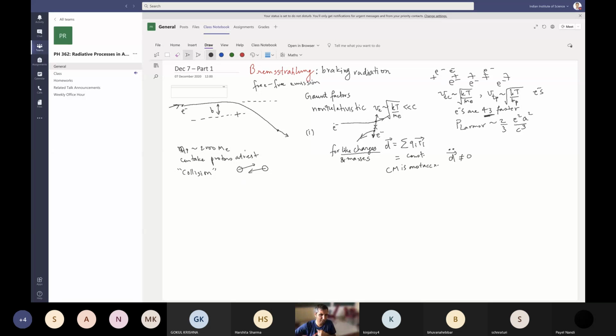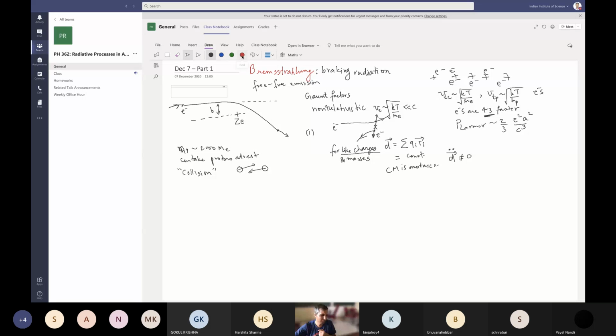Okay, so let's treat this problem. Let's consider this to be a general ion with a charge Ze, and this is an electron with charge minus e. I'm taking small e to be the charge of a proton, which is positive, so the charge of an electron is minus e.